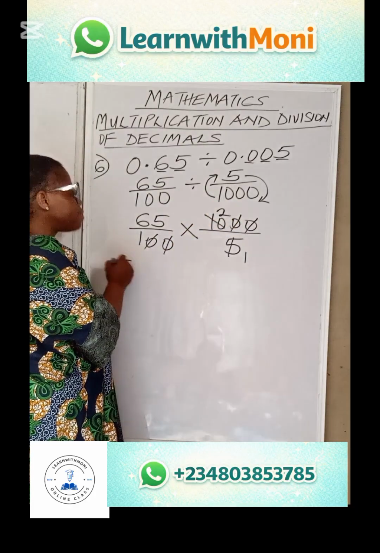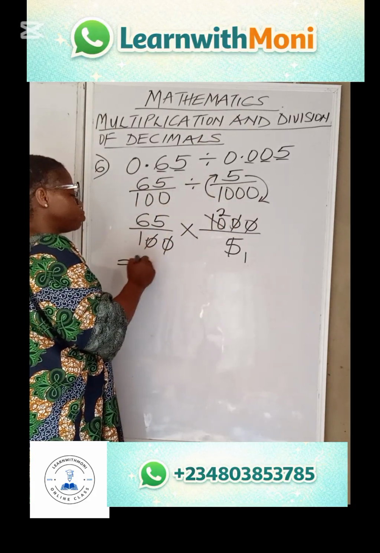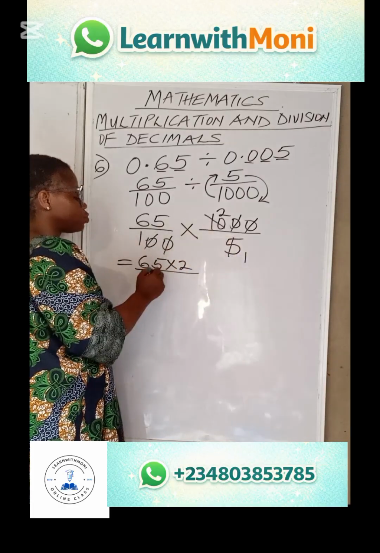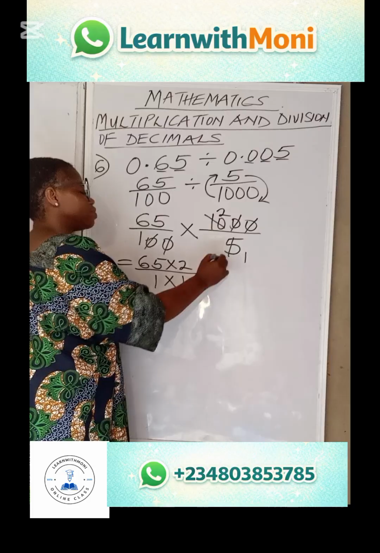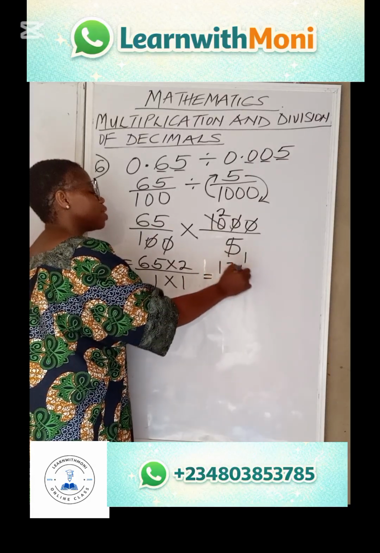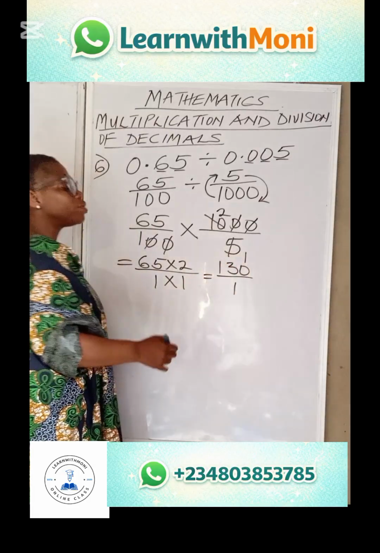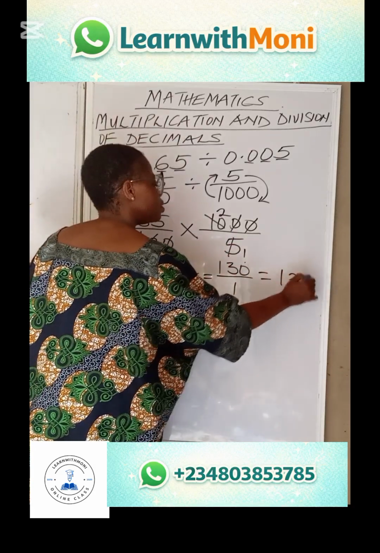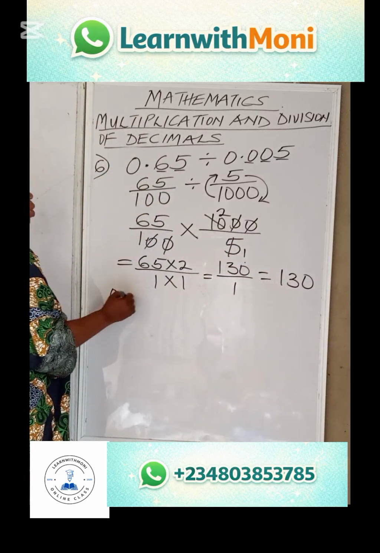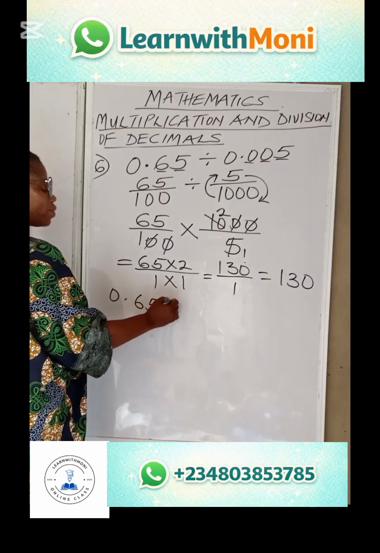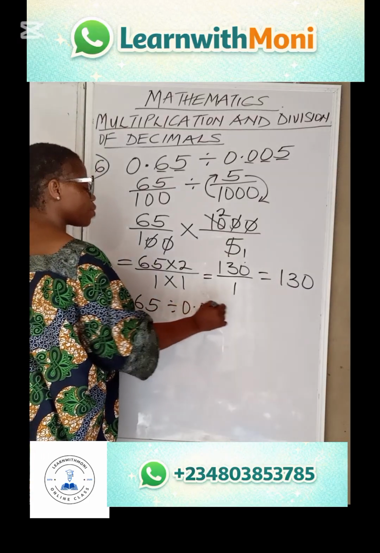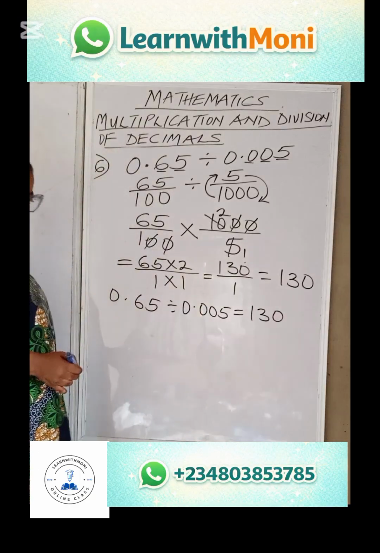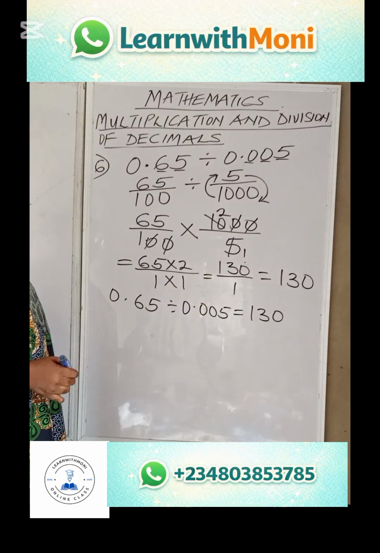So that I have 65 times 2 as my numerator, and the denominator is 1 times 1. 65 times 2 is 130 over 1. 130 divided by 1 is just 130. Giving us that 0.65 divided by 0.005 is equals to 130. I hope you understand that.